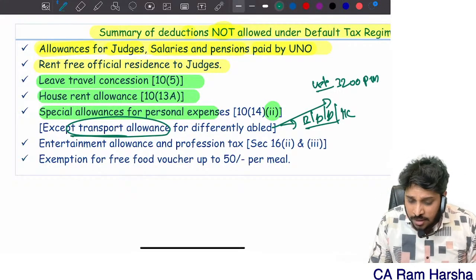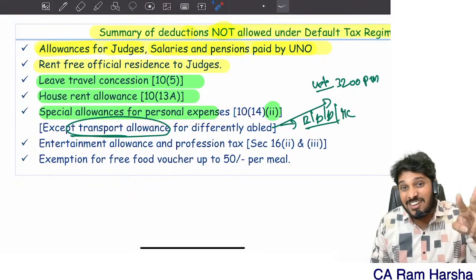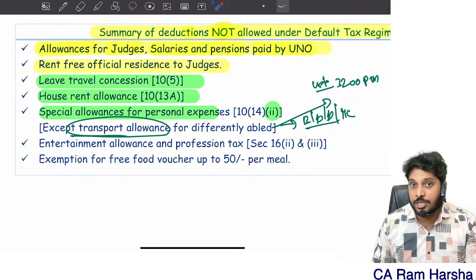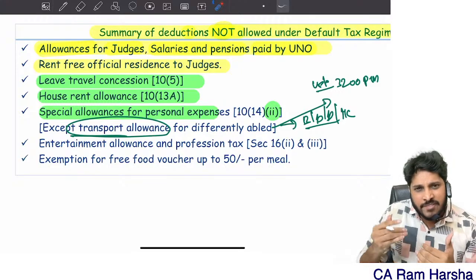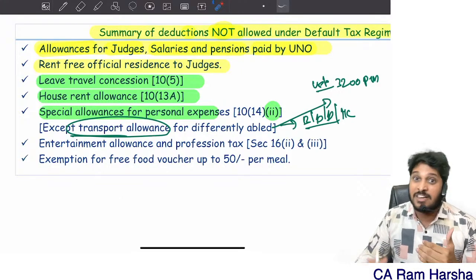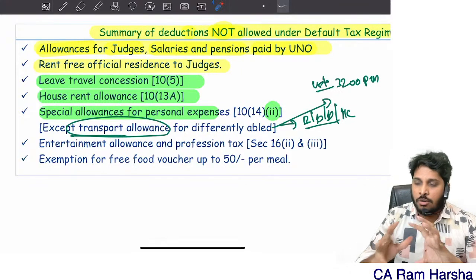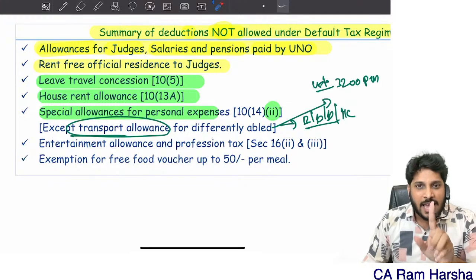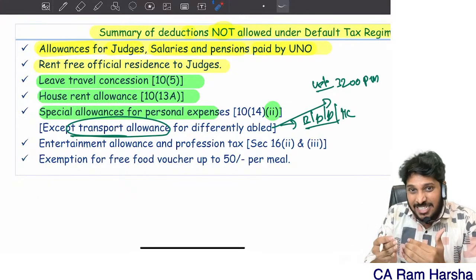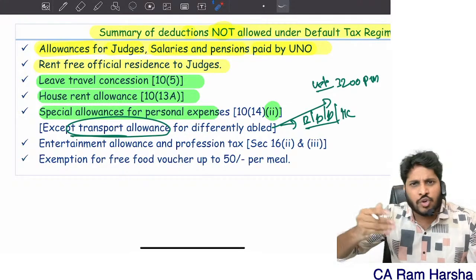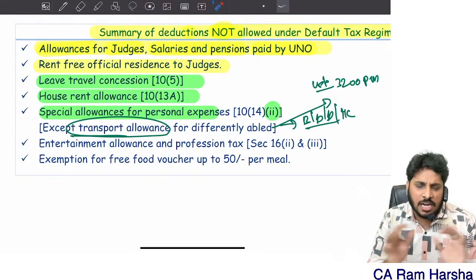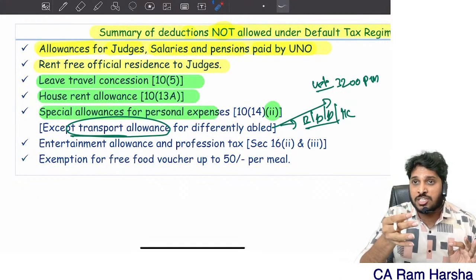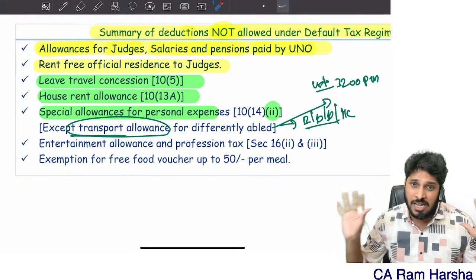Remaining all other personal expenses and allowances, you will not get deduction. Suppose the company gave official allowances, conveyance allowance, travelling allowance, uniform allowance, daily allowance, they can be claimed as deduction, whether it is optional tax or default tax, doesn't matter. Up to however much the employee spends, that much he will get a deduction.